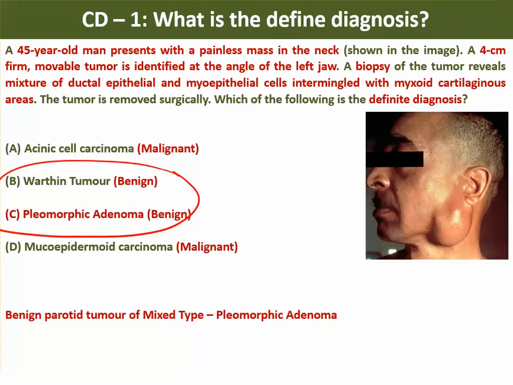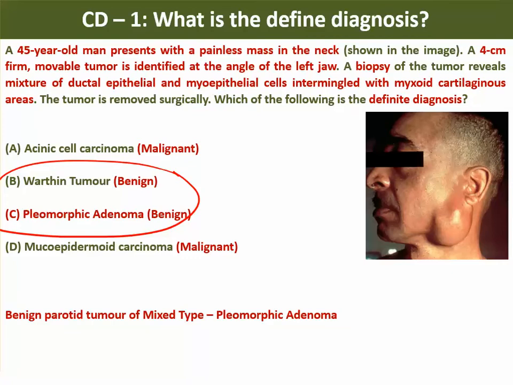So pleomorphic adenoma is a mixed tumor of epithelial and myoepithelial cells, and it has another component, that is cartilage or bone or some component will be there. So it is a parenchymal and mesenchymal component. As per morphology, it is a benign tumor. Warthin tumor will have epithelial plus lymphoid component, lymphocytes, and it has an epithelial lining.